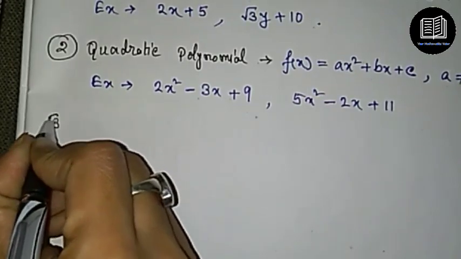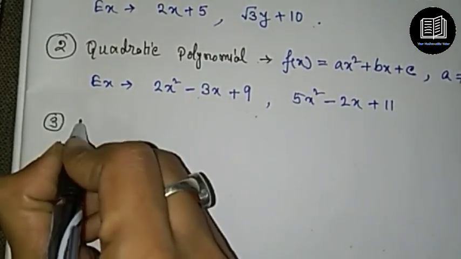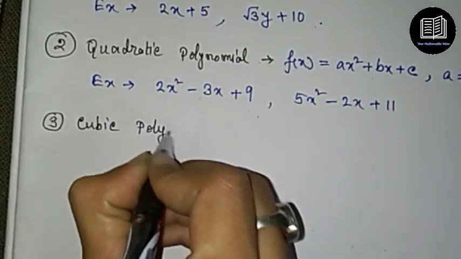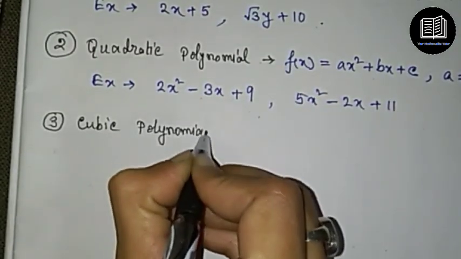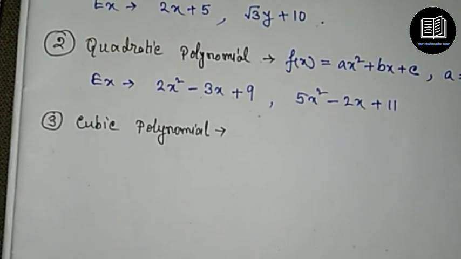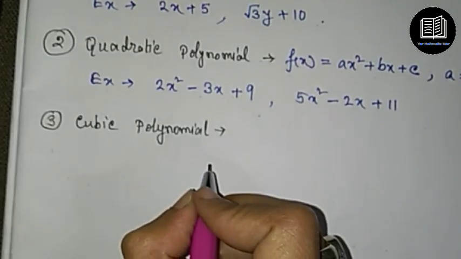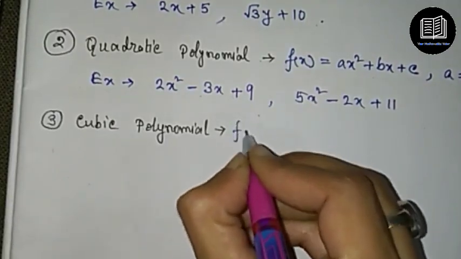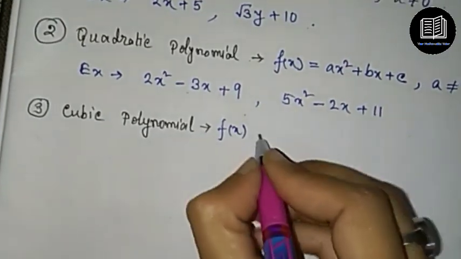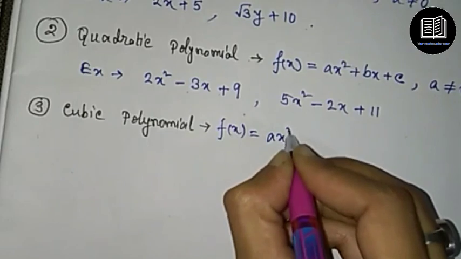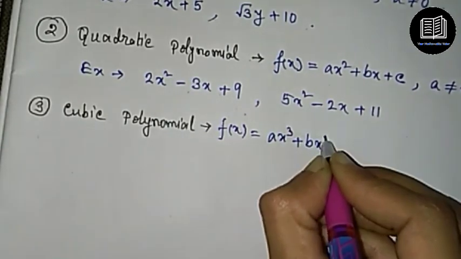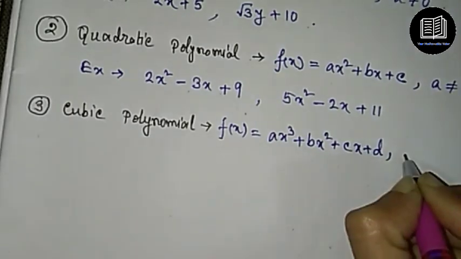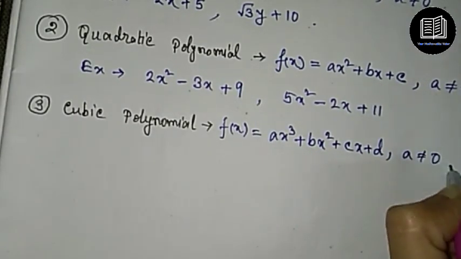Next is cubic polynomial. The polynomial of degree 3 is called cubic polynomial. That means the polynomial is of the form ax cube plus bx square plus cx plus d, where a not equals to 0.